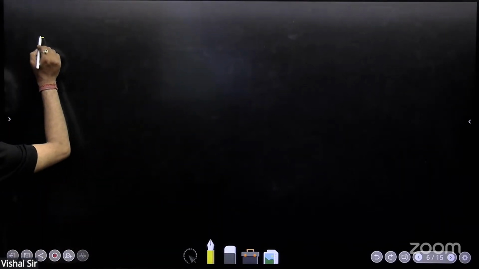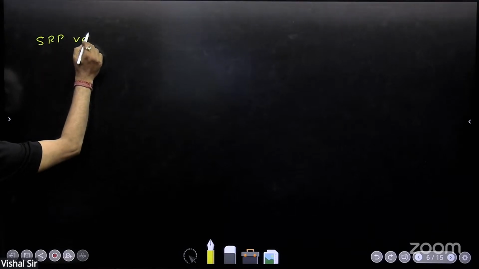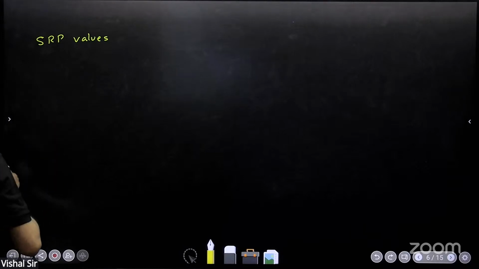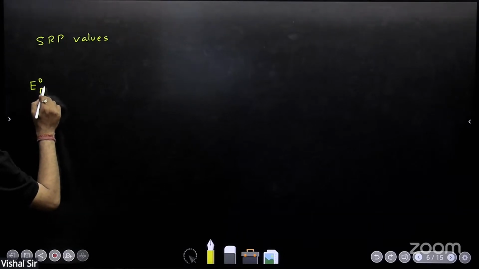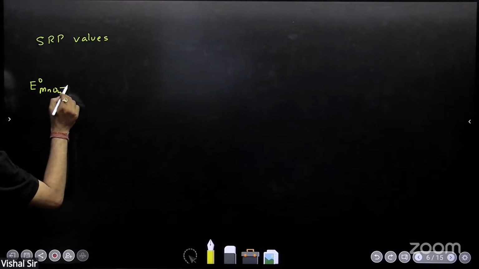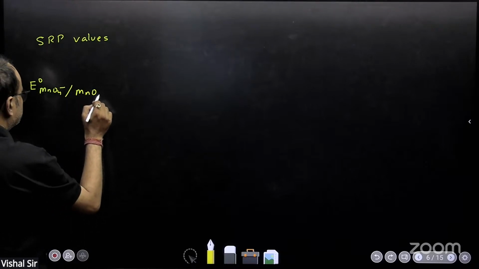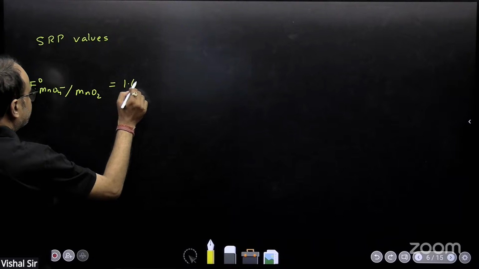So you are given some SRP values. E naught of MnO4 minus to MnO2 is given as 1.68 volts.